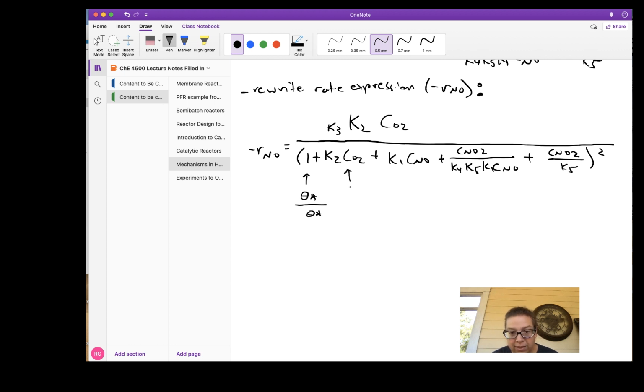This one is theta O2 divided by theta star. This one is theta NO divided by theta star. This one is theta O. And this one is theta NO2.